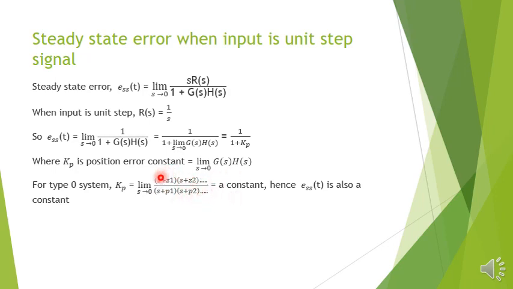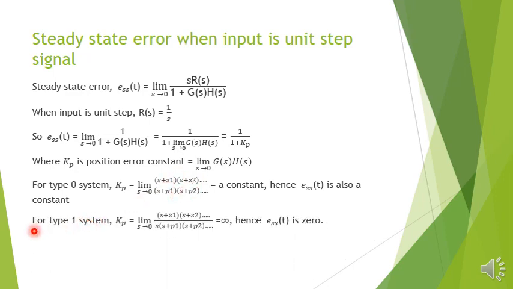So it is a constant. So this Kp becomes a constant. So what happens to steady state error? 1 by 1 plus Kp, which is also a constant. So for type 0 system and unit step input, steady state error is constant, and error coefficient is also a constant.